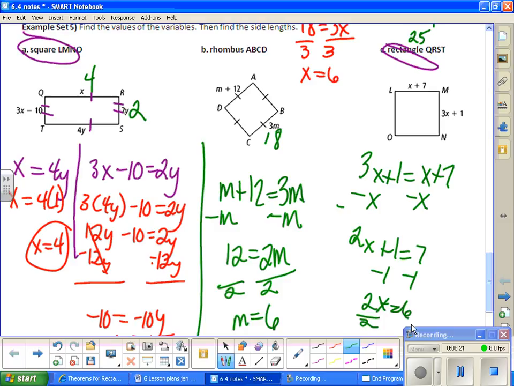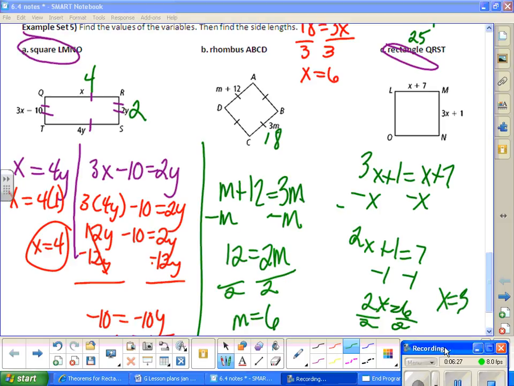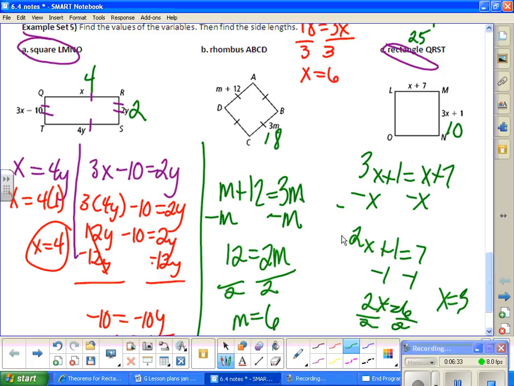Divide both sides by 2. And x equals 3. And then I just go back and plug it in. So 3 times 3 is 9 plus 1 is 10. The side length for that square is equal to 10. And that's all we have for 6.4.